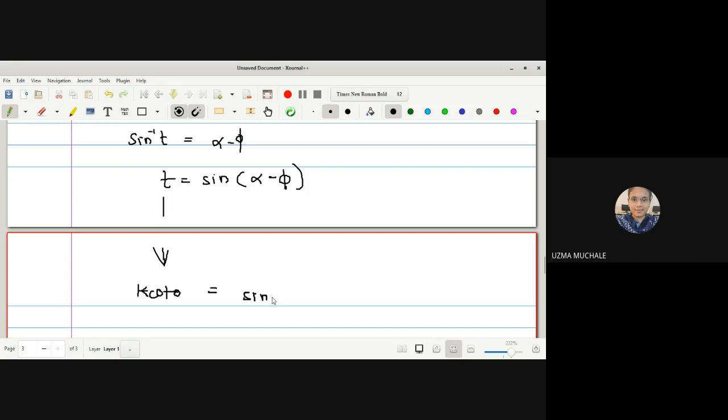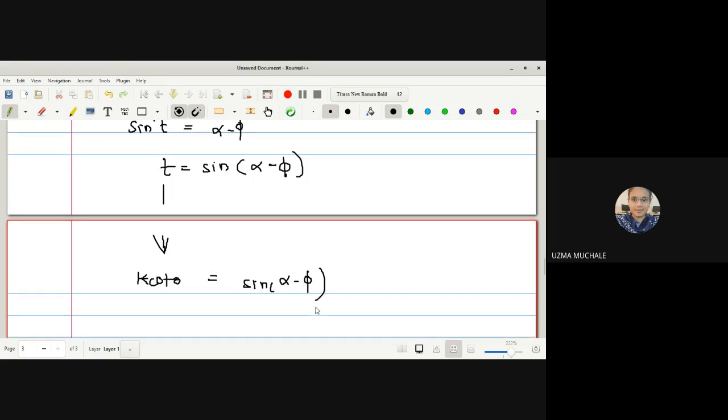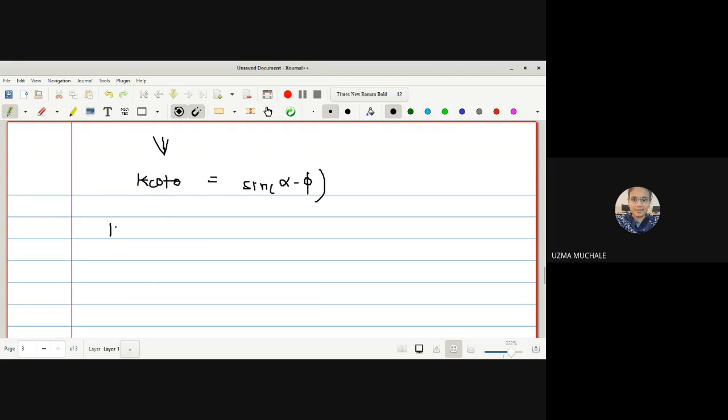Right, sine as it is, alpha minus phi. Correct. Now, what is the value of cot? It is nothing but cos theta upon sine theta. So I can write this as cos theta upon sine theta, with cot theta.